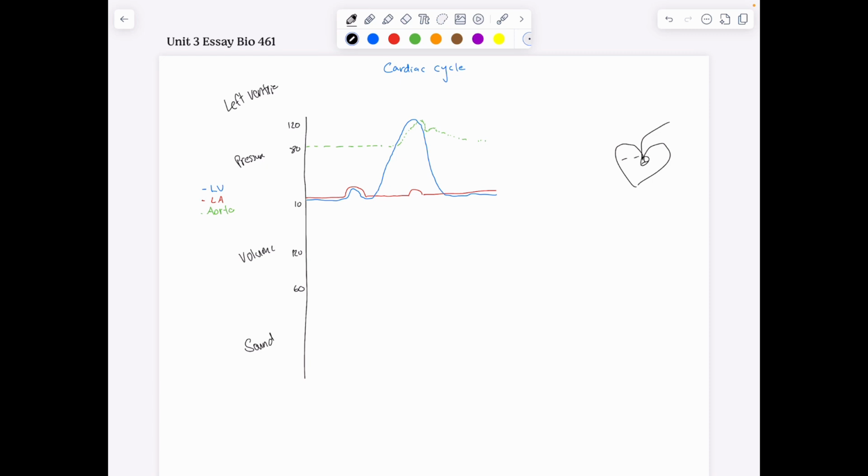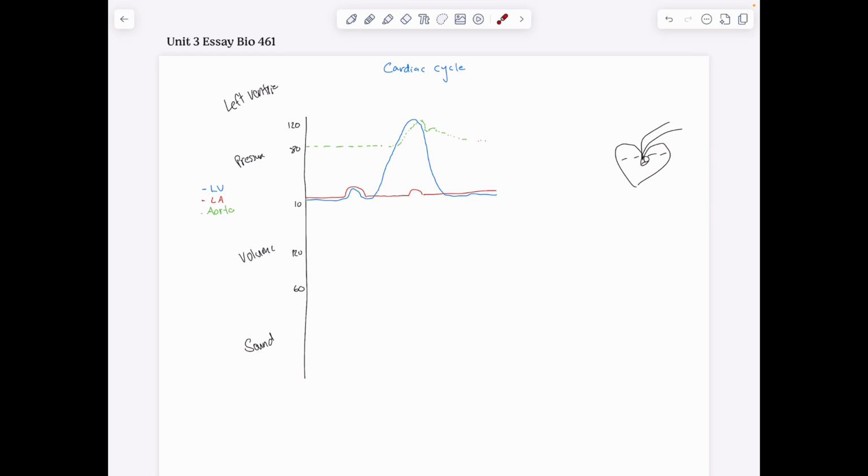We've got our valve and then our aorta. We have the blood flowing from the atrium into the ventricle, then the pressure, and then it goes up into the aorta and then out to the rest of the body.